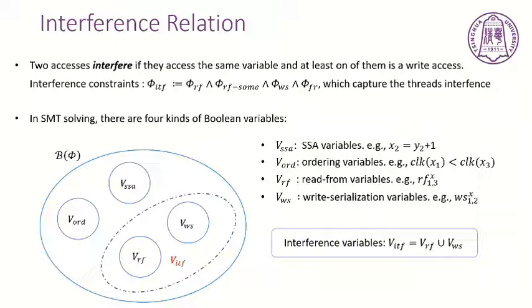So we call such a variable the ordering variable. Moreover, we have the read-from variables and the write serialization variables, which imply the read-from relation and the WS relation. Among those four kinds of variables, we call the read-from variable and the write serialization variable the interference variables.